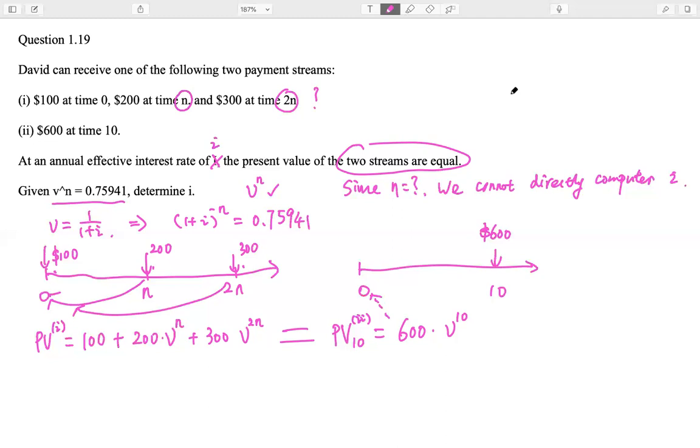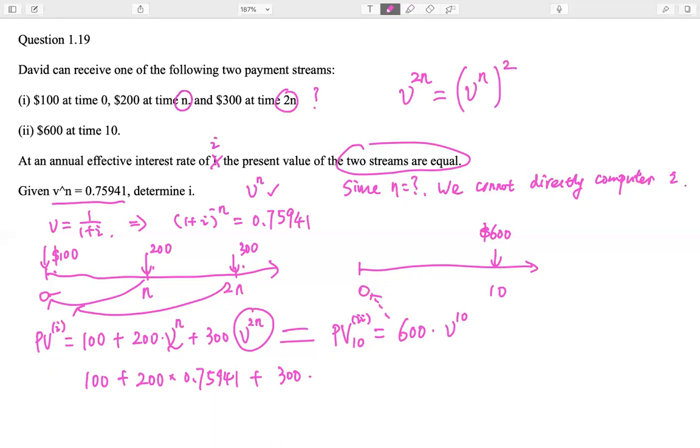On the left-hand side, I have this. This I already know is 0.75941, plus 300. The only question is here: v to the 2n is v to the n and then squared, right? So I simply need to square this, about 76%.